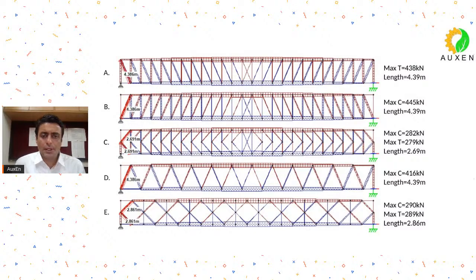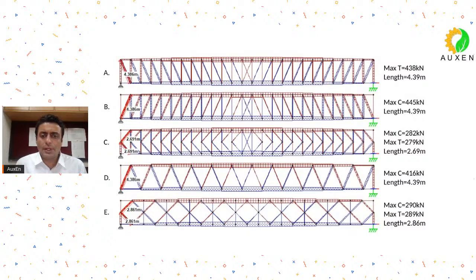Now, if you come to the diagonals, there is a lot of difference that you see in the values. So which type do you think is better just by looking at the magnitude and the length of member? Type C and type E seem to be the better types. Why? Because the length is 2.69 meters, so the length is small, and even the diagonal forces are small.